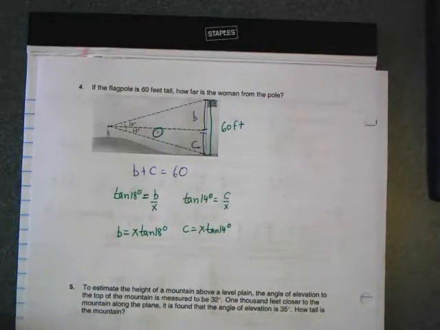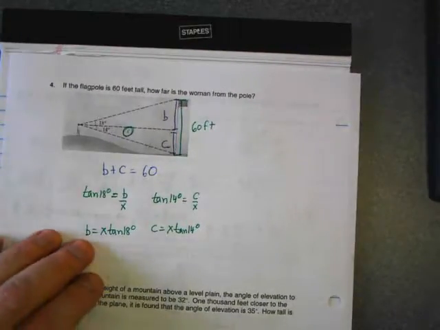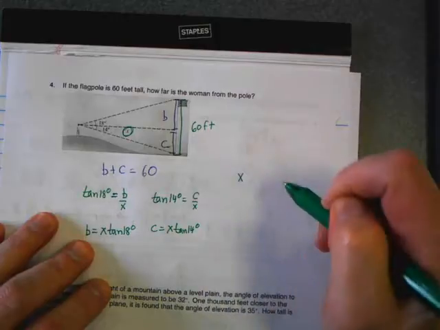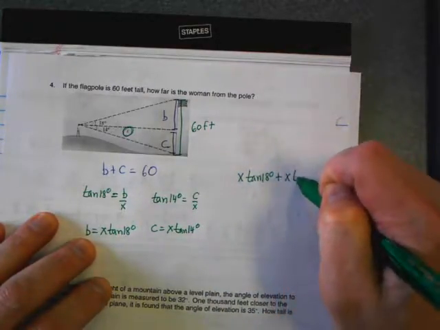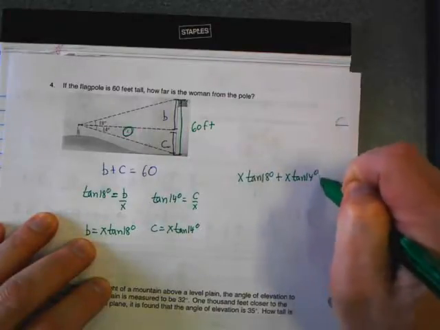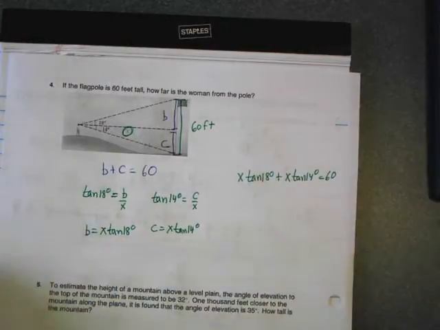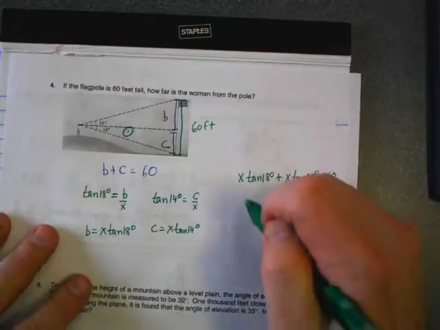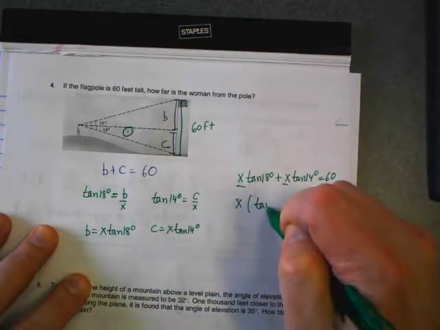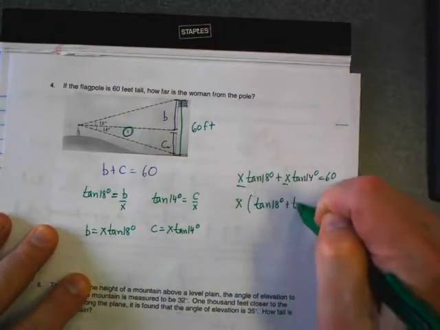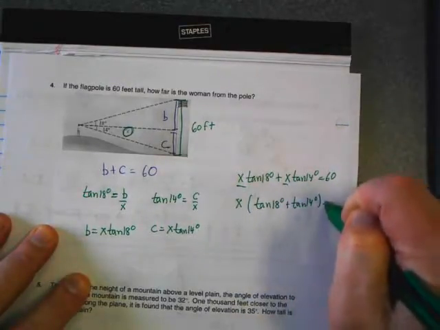And this happens sometimes. Sometimes you have to use more than one triangle to figure out these answers. All right, so our final equation is X tangent 18 degrees plus X tangent 14 degrees equals 60. How to solve that equation? Factor out the X. There's an X here and an X there, so we factor it out. X times (tangent 18 degrees plus tangent 14 degrees) equals 60.